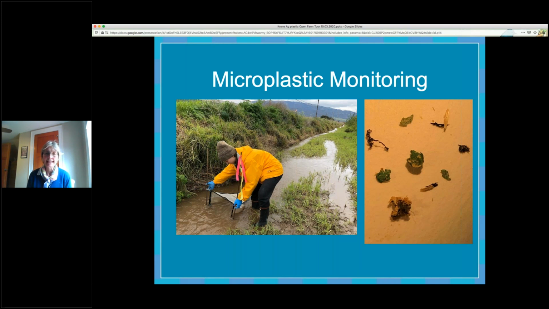And then we took the net back and rinsed it, and in a lab we separated the plastic from the plant matter and looked at it through a microscope. And you can see on the right side that that's the kind of plastic that we saw in the microscope. And we counted it, and the next slide is going to show the results of our microplastic count.